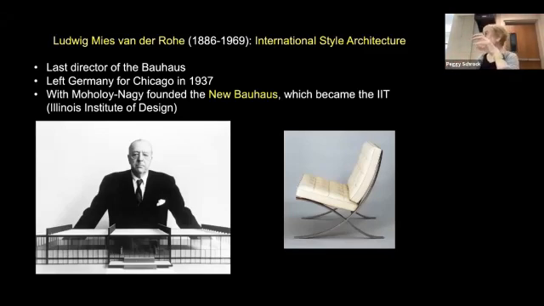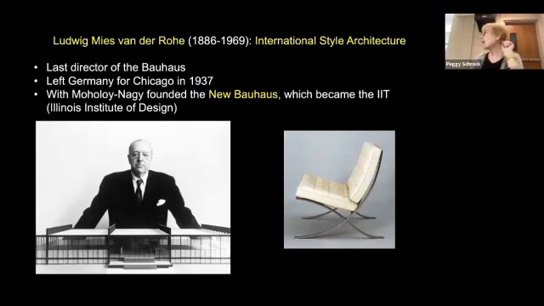So the Institute of Design started out as the new Bauhaus and then sort of merged with IIT. Now it's known as the IIT Institute of Design, but it really is what was founded by Moholy and his important sense of design. Moholy and Mies, I should say, it's both of them.